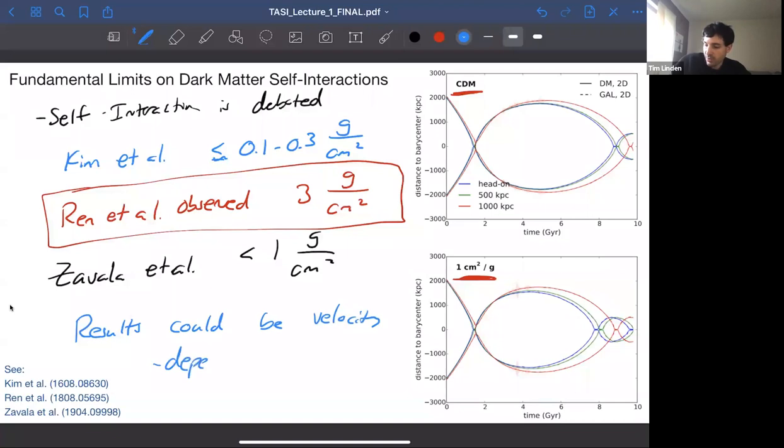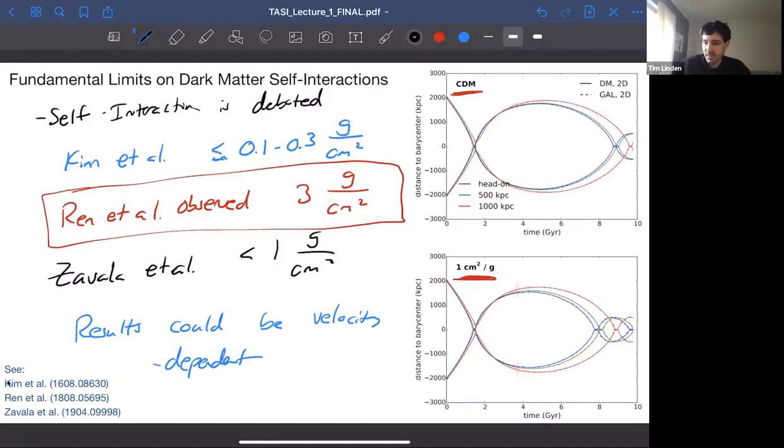And I'm sure many of you here could cook up models to add some velocity dependence into this cross section. In dwarf galaxies, for instance, dark matter is moving 10 kilometers per second. These clusters merged at 1,000 kilometers per second or 3,000 kilometers per second. So you can change this quite a bit.